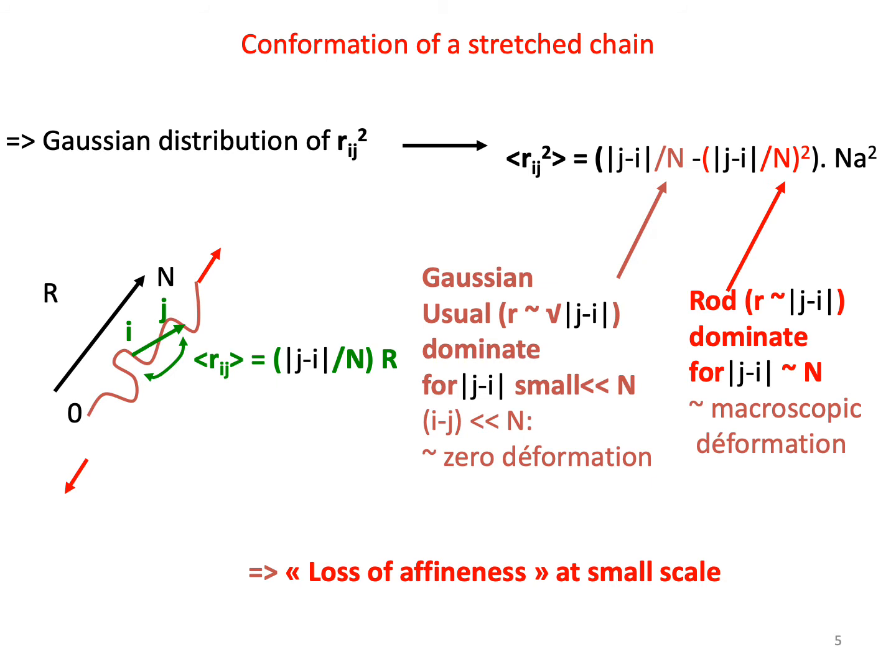That means it corresponds to what you would have for two monomers along a rod-like chain. So finally, when j minus i is of the order of N, the distance is strongly deformed, and when j minus i is very small compared to N, you tend to no deformation. This is what we call a loss of affineness when decreasing the distance.